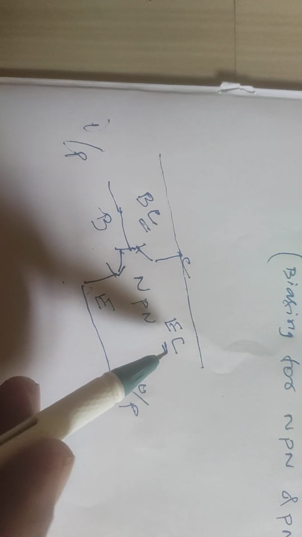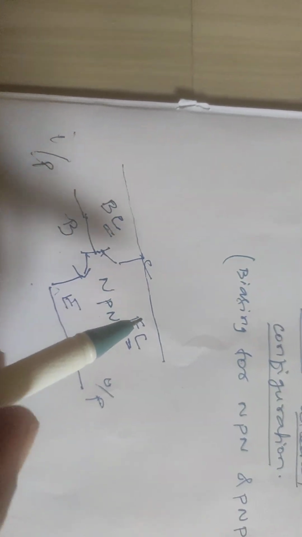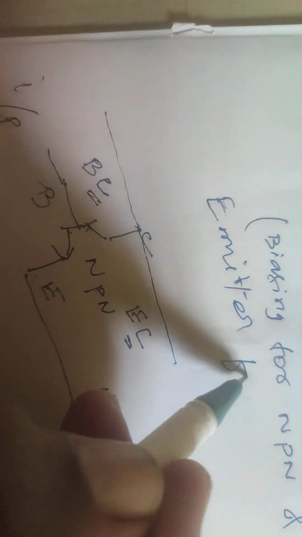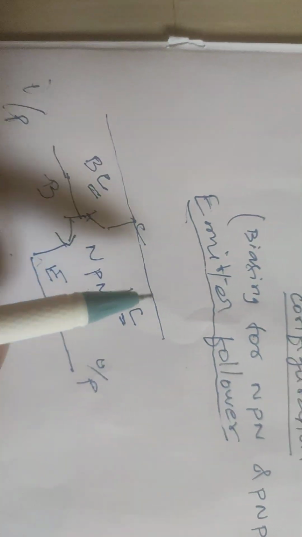Emitter is output, so the other name of common collector amplifier is emitter follower.